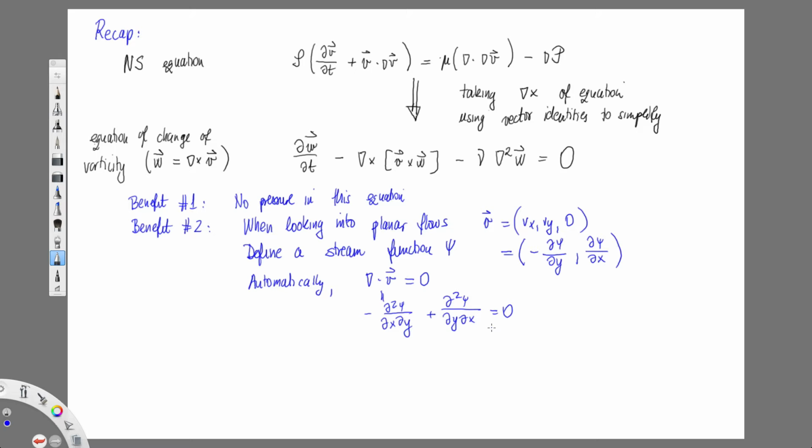When we plug it into the equation of change of vorticity, ignoring some terms like this middle term, which I didn't prove but turns out to be rather small, the equation becomes nabla to the fourth of psi is equal to 0, where the operator nabla to the fourth is basically taking the Laplacian twice.